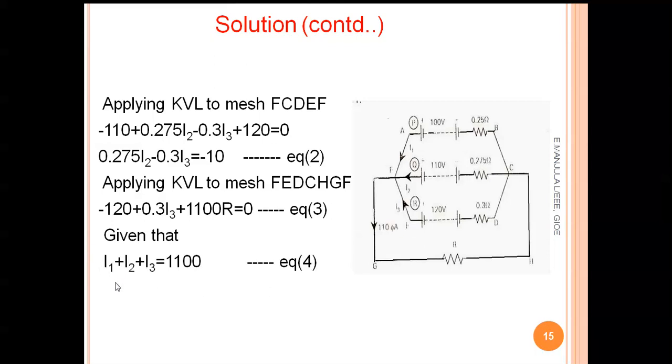and also we know that I1 plus I2 plus I3 is equal to 110, which is a fourth equation. So from the fourth equation directly we can write I3 is equal to 110 minus (I1 plus I2).